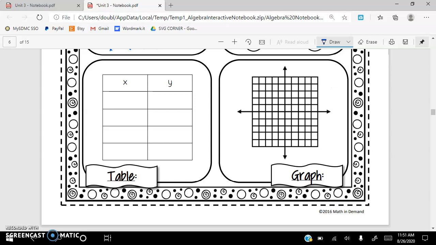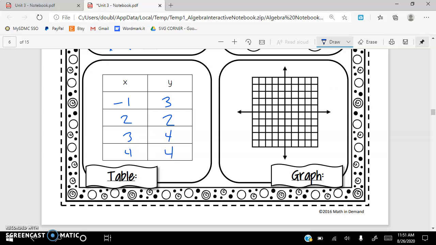So let's again write our x's down. We got -1, 2, 3, 5, and we have 3, 2, 4, 4. I'm sorry, this is 5. Okay. So again, none of these duplicate. They never repeat. That's what duplicate means. So that makes this a function.